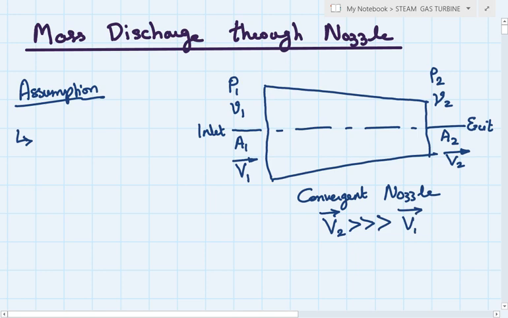So we are going to neglect the velocity at inlet, because compared to our exit velocity, inlet velocity is very small. This is the assumption we are going to make.